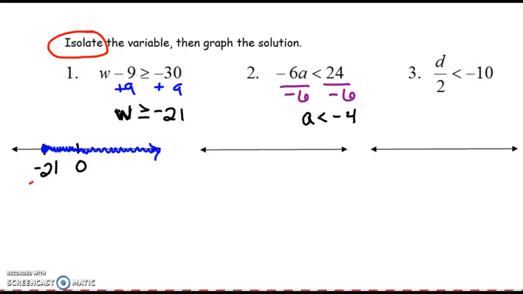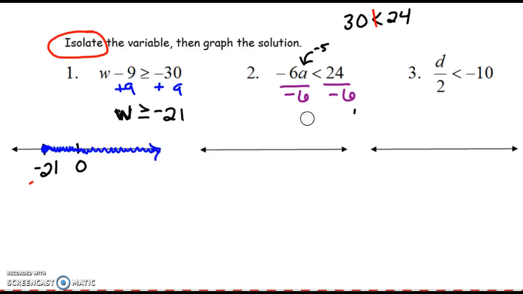But if I put in negative 5 for A, negative 6 times a negative 5 equals positive 30. 30 less than 24 is not true. So something's wrong.